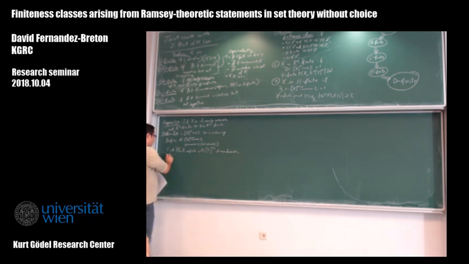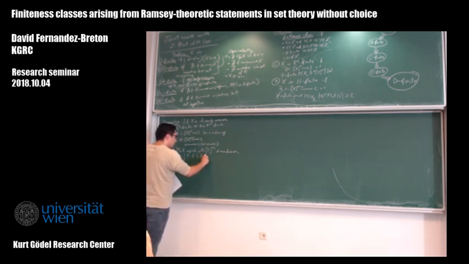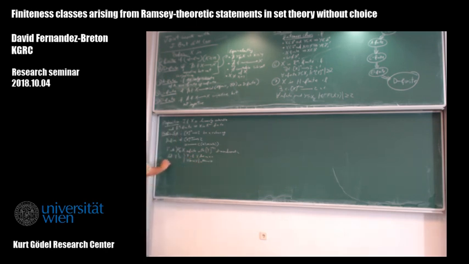So I'm just going to let Y prime be either Y if Y has no minimum, or Y minus its minimum otherwise. And then it works. So then Y prime of n tuples are C monochromatic.